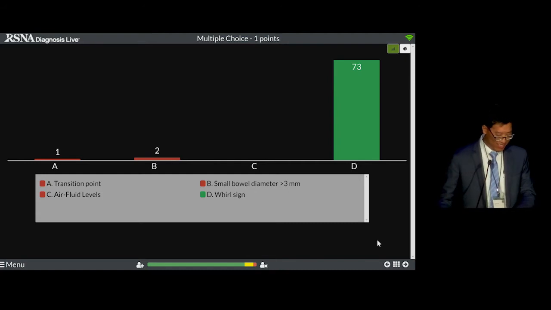So yes, correct. It's the Whirl sign, which is demonstrated in the middle of the CT image on the previous slide. And to reemphasize some of the points made by the previous talker, Dr. Soto, there are imaging findings that make you more concerned about bowel obstruction, or concerned more about ischemia.